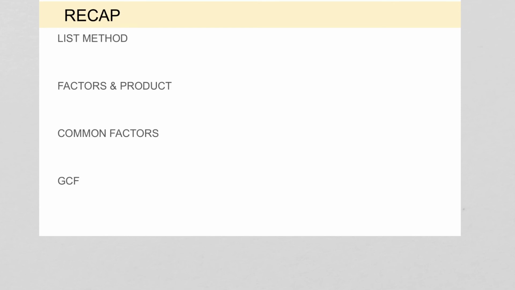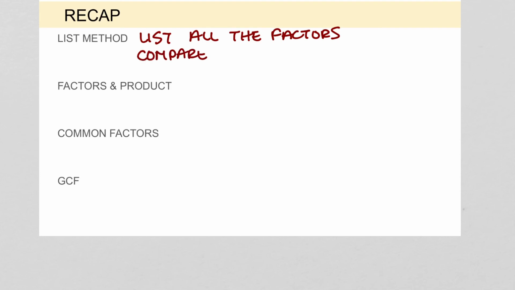Well, it helps us list all the factors of a number so that we can compare them to find the greatest. And you'll probably see me just calling it the GCF, not the greatest common factor.